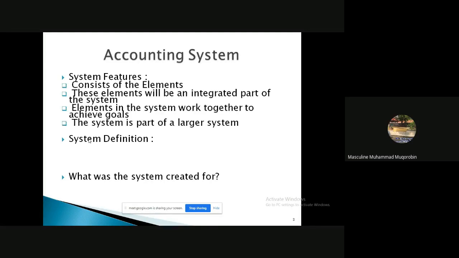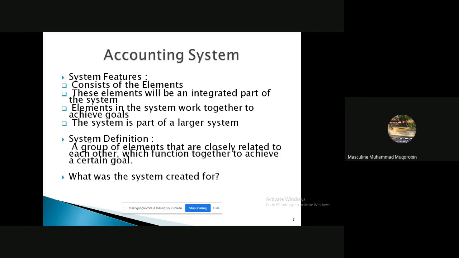System feature consists of the elements. These elements will be an integrated part of the system. Elements in the system work together to achieve goals. The system is part of a larger system.